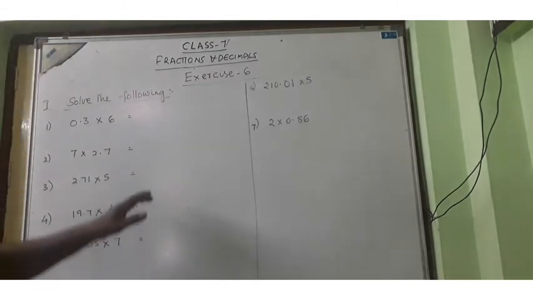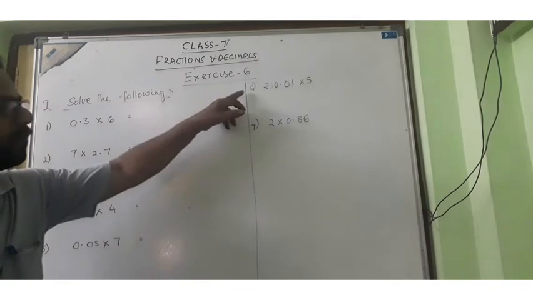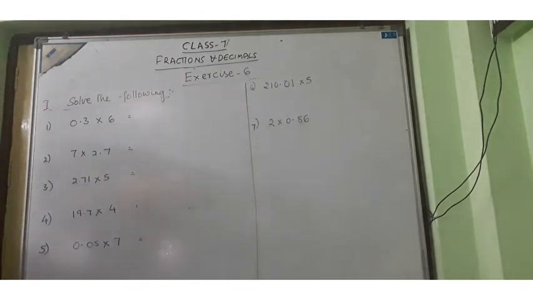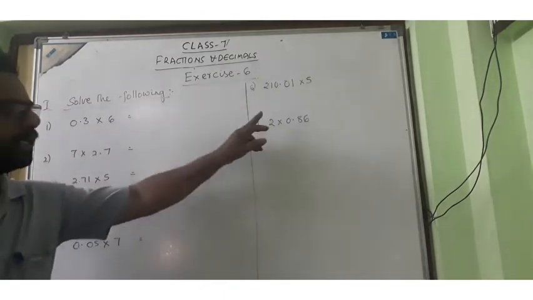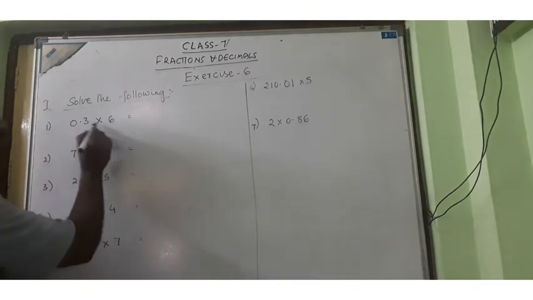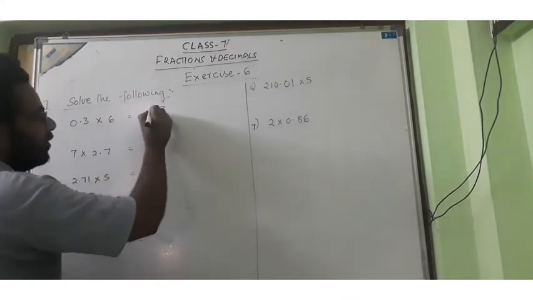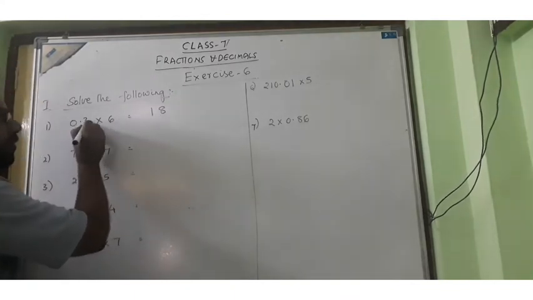So coming to exercise 6, here they have, in total, first Roman, solve the following, all are multiplication of decimals. Some of the sums I will explain, the remaining you have to do in the classwork. 0.3 into 6, you know, 3 6 ja 18. Directly we can multiply. After the decimal, one digit is there.